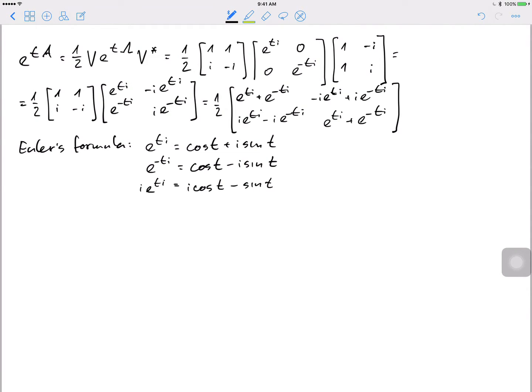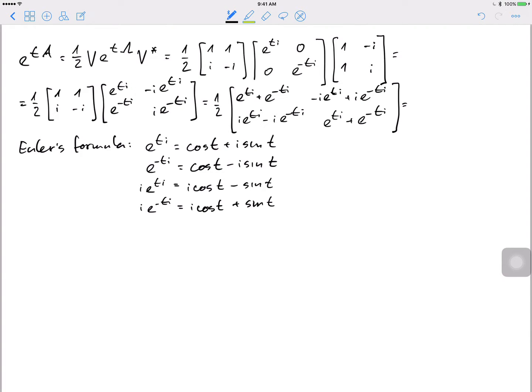Do you see the beautiful symmetries of these algebras? For e^{-ti}, multiplying the second one by i, I get i cosine of t, and here it's going to be plus sine of t.